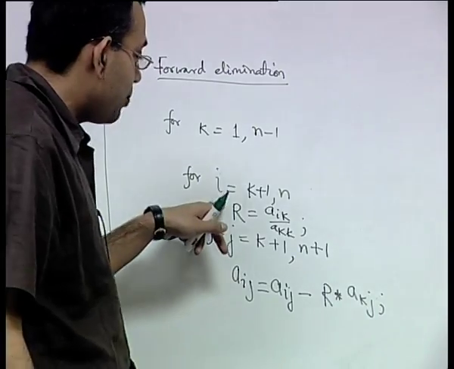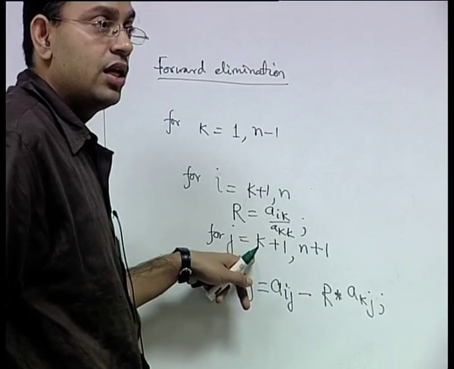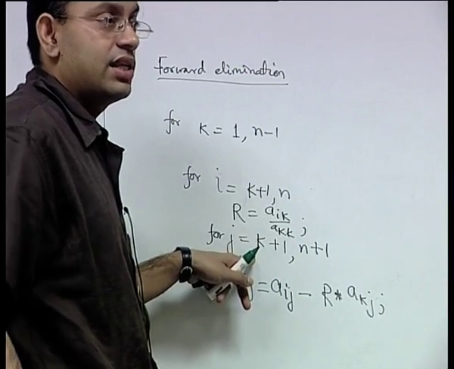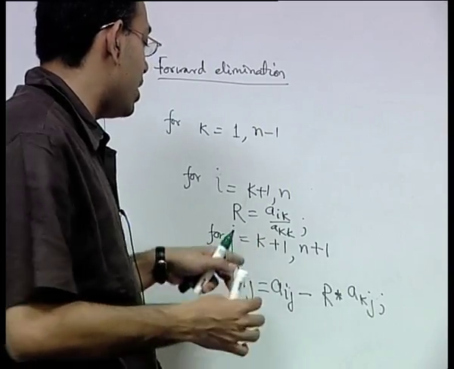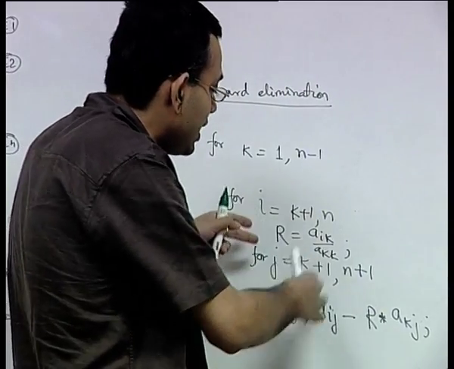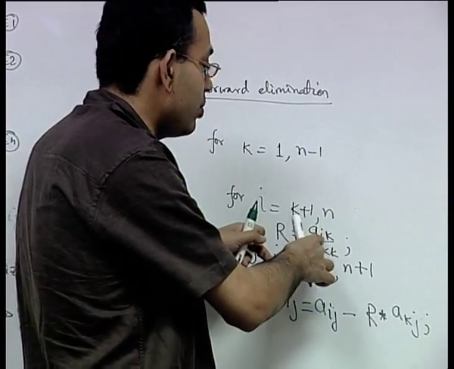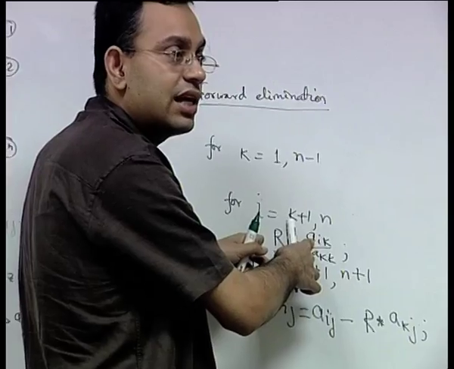If you had put this r inside this j loop, what would have happened? It would have been useless. I mean it would not have been a wrong thing, but every time for a new j this would be calculated unnecessarily. This requires only the indices i and k for its calculation.